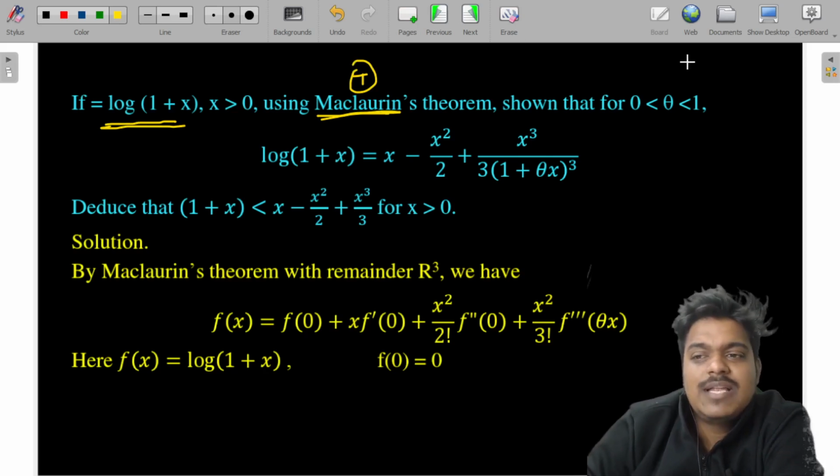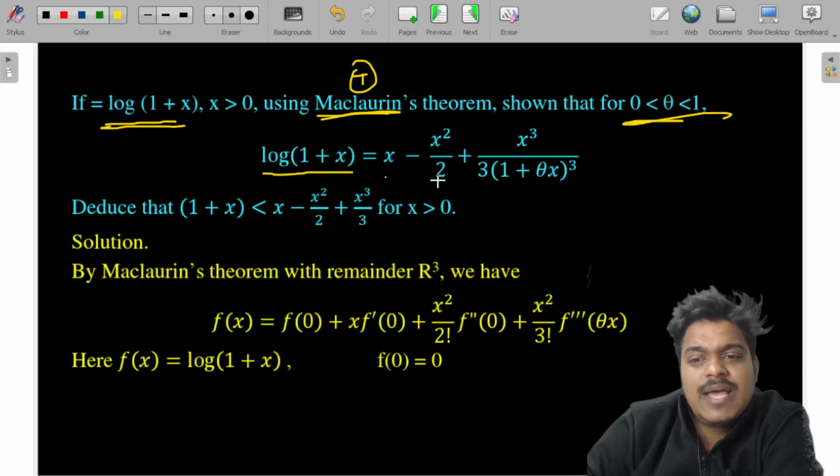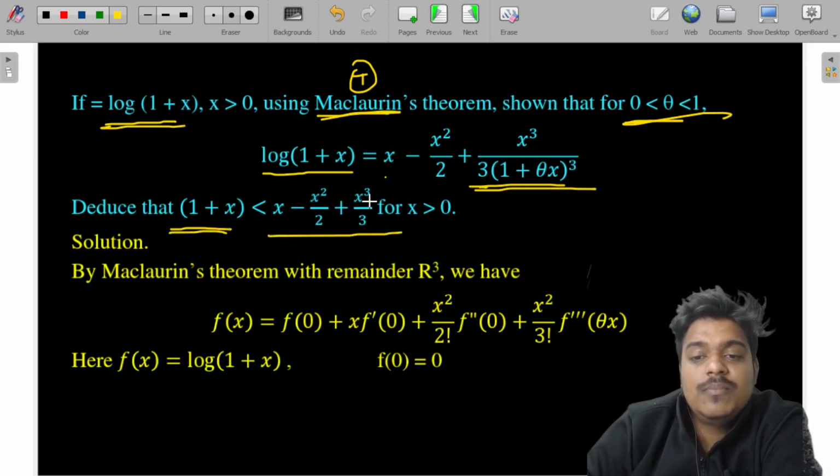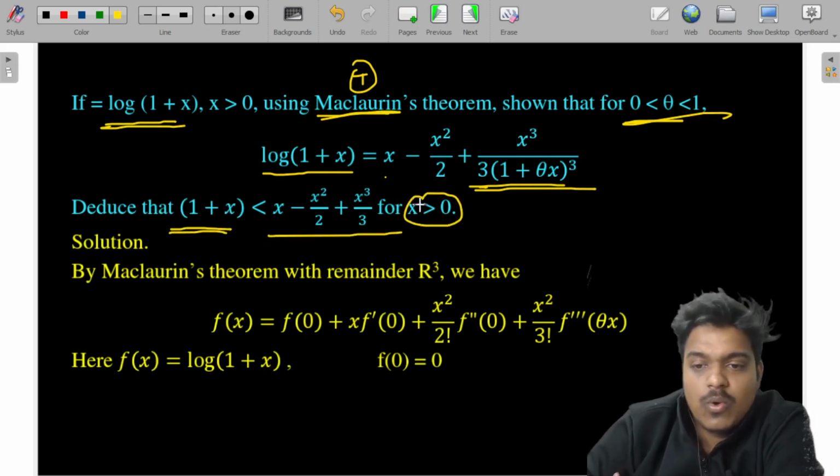Just focus that there is a theta between 0 and 1, and log of 1 plus x is x minus x square by 2 plus x cube divided by 3 times (1 plus theta x) to the power 3. You need to deduce that log of 1 plus x is smaller than x minus x square by 2 plus x cube by 3 for all values of x greater than 0. First you need to calculate the value of the function.